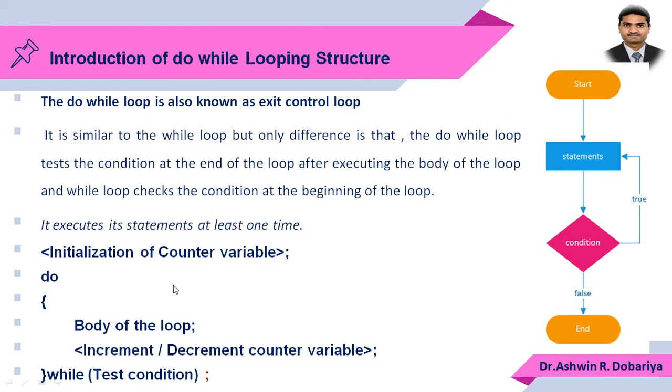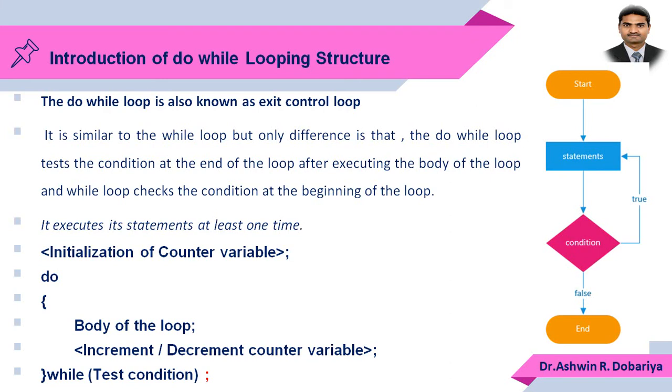If we talk about the syntax, it is very similar to the while loop, with a little bit of difference. First we have to initialize the counter variable before the do while loop, then do is the keyword. After that, inside the curly braces we mention the body of the loop, meaning the list of statements that we want to execute, and based on the requirement we can increment or decrement the counter variable.